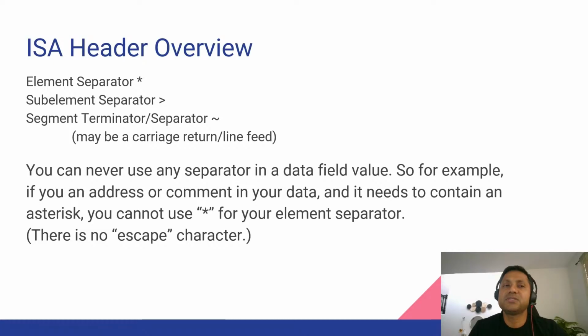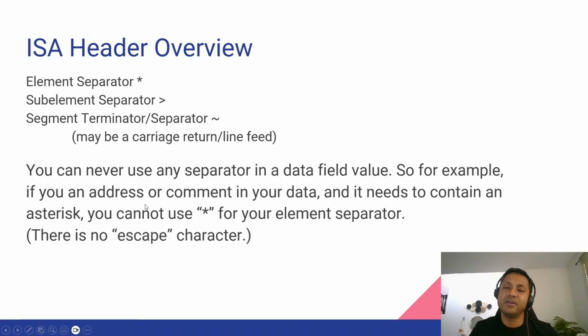Now let's talk about some of the rules after you define the delimiters. Once you have established the three EDI delimiters, the first one is the element separator, the second one is the sub-element separator, which is rarely used, and last but not least, the segment terminator. You must never use them inside a data field.